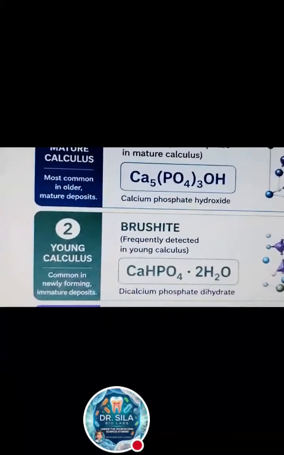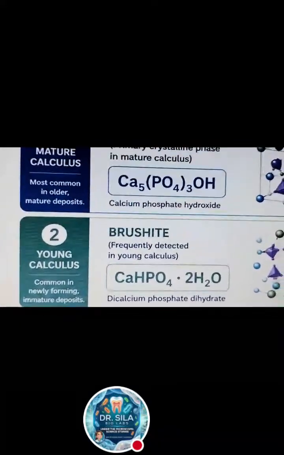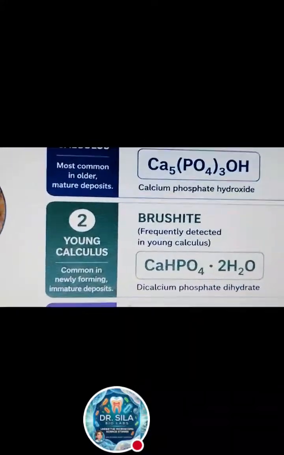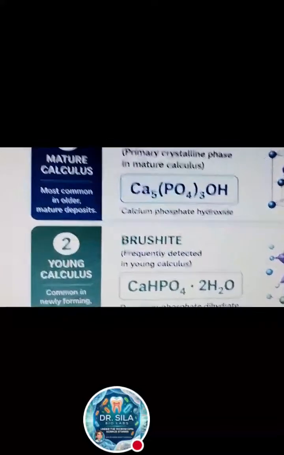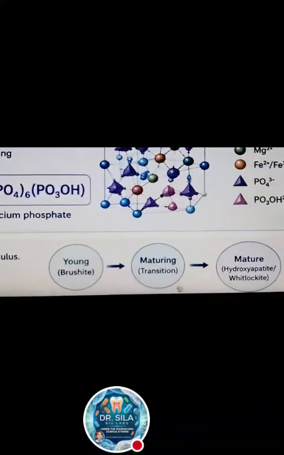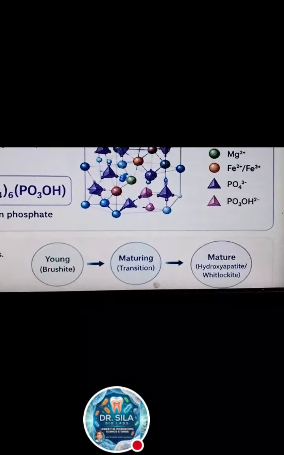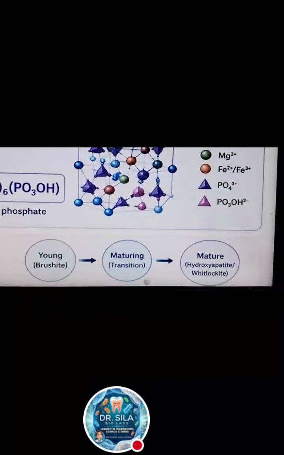Understanding them helps the clinician evaluate the age and density of the patient's deposit and plan the appropriate treatment. Young brushite matures and transitions to mature hydroxyapatite. If it's subgingival, it's whitlockite.